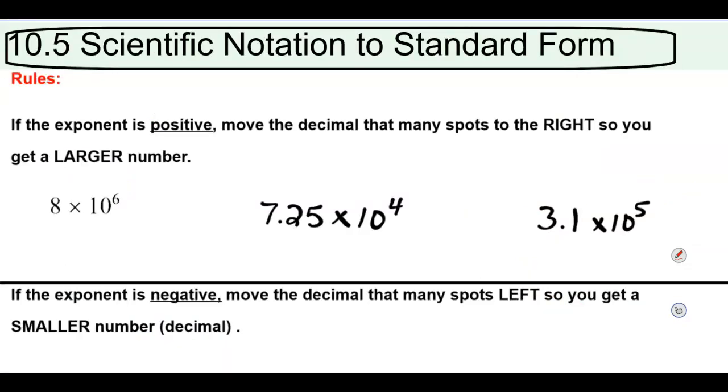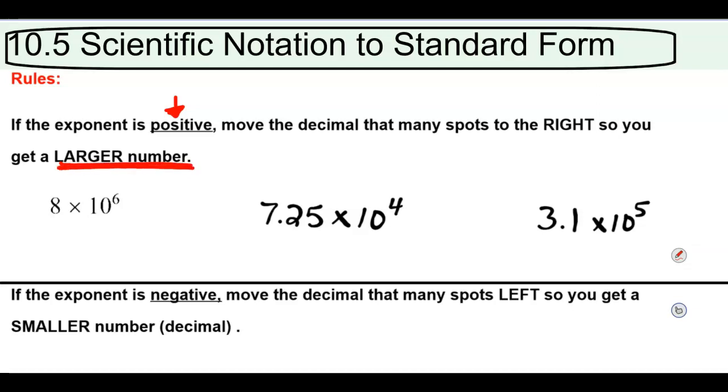Let's go to the next part. So we have some rules. Basically, you're given a number in scientific notation. If the exponent is positive, that means we're going to move that decimal that many spots, whatever the number is, to the right so that we have a larger number.